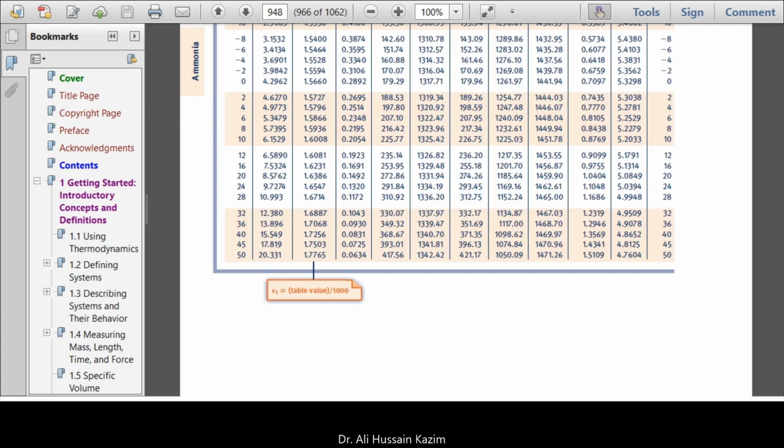at 40 degrees Celsius, the corresponding pressure is 15.549 bar.